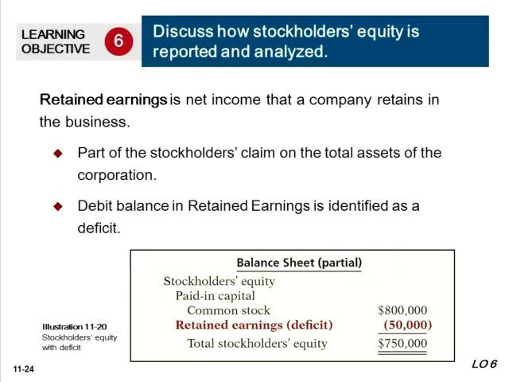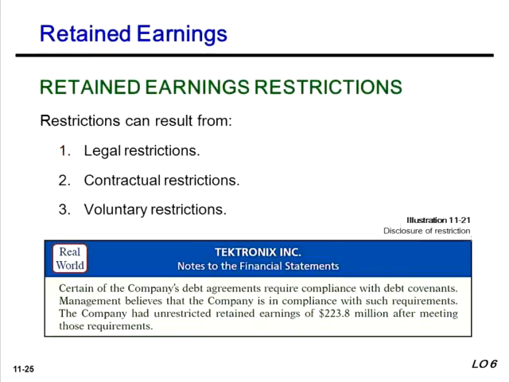So now we're going to switch gears and we're going to consider retained earnings. In the event that the retained earnings has a negative balance, that negative balance is called a deficit, and that deficit is subtracted in calculating total stockholders' equity. I had mentioned when we talked about declaration of dividends that there can be some restrictions on retained earnings.